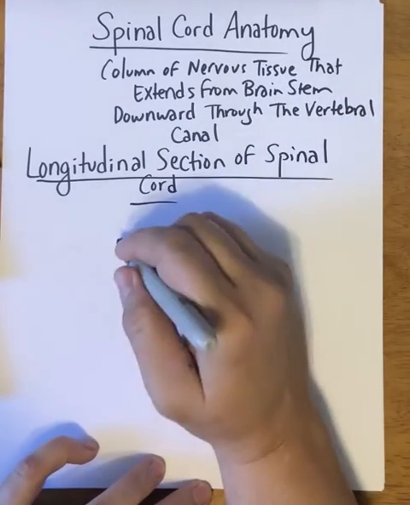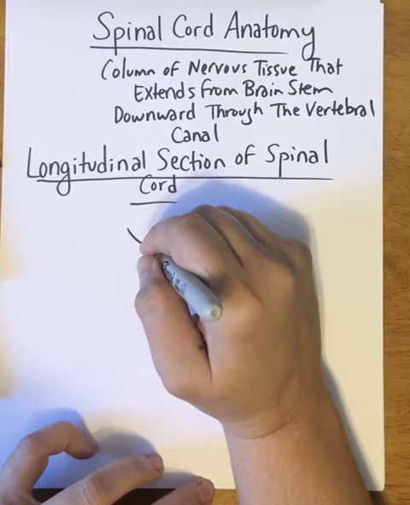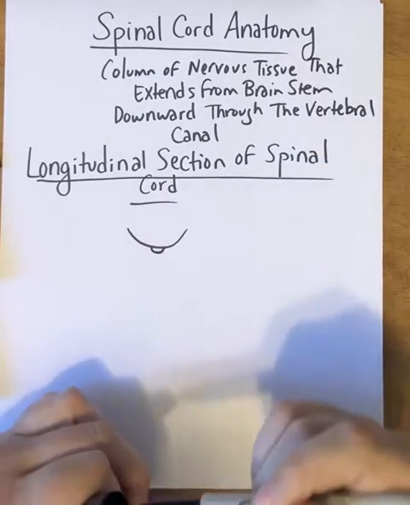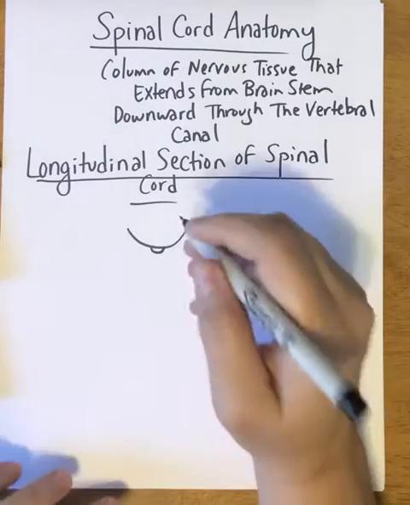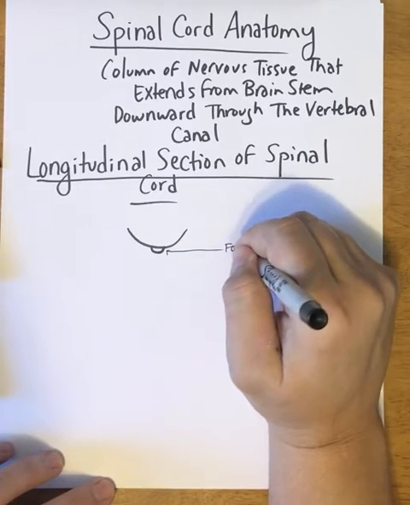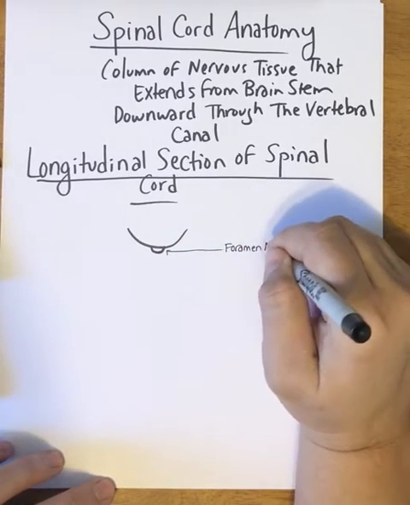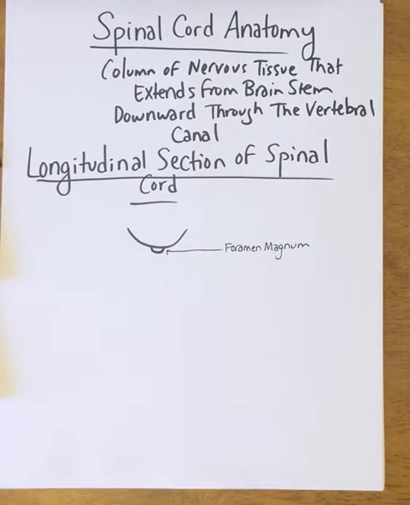first of all, this is going to represent my cranium. And then the opening in the cranium where a spinal cord is going to exit is going to be the foramen magnum. So our spinal cord exits through the foramen magnum.